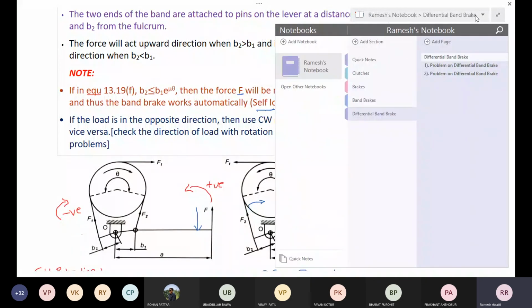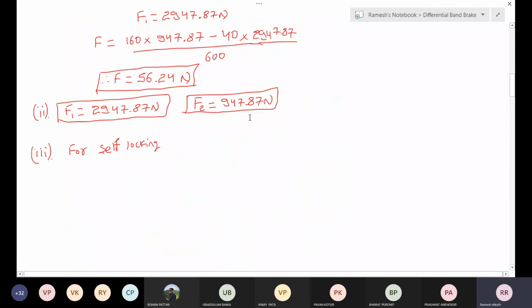In our case, force is applied, because of that there is braking. That force is 56.24 Newton. To calculate the B2 value, I will use the self-locking condition, that is B2 is greater than or equal to B1 into e raised to mu theta. Now substitute the value of B1.